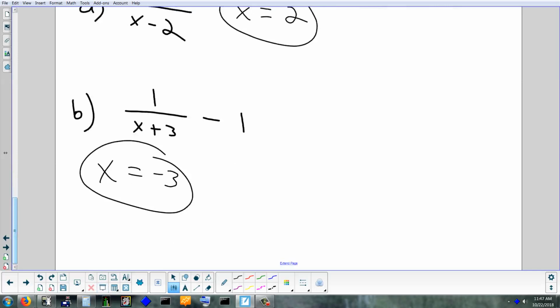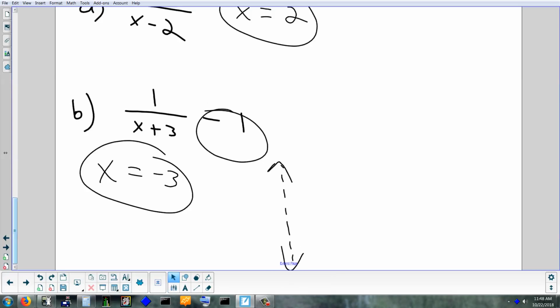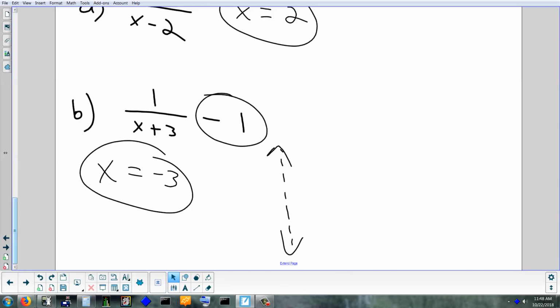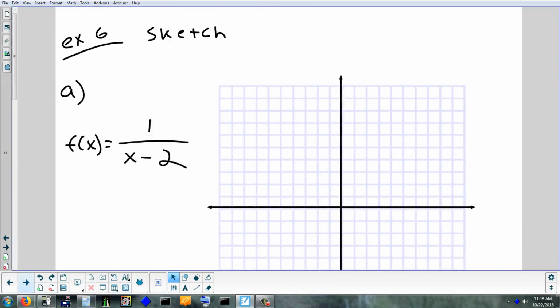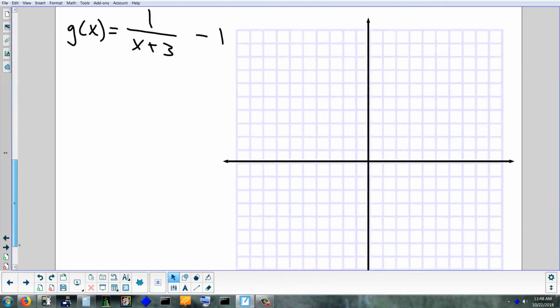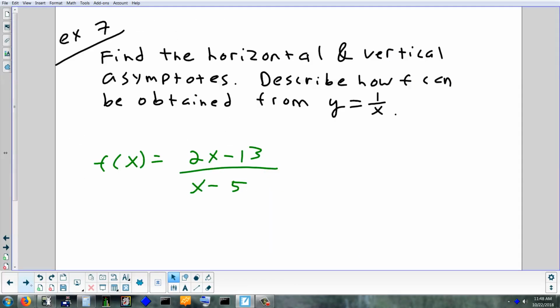That affects the horizontal. If you shift something down 1, which is what that's doing, think about a vertical line that goes up and down forever. If you shift something down one that goes up and down forever, it has no effect at all. So that's why shifting up and down does not affect vertical asymptotes. It would affect the horizontal. And then sketching, that's kind of the same idea. So I'm going to hold off on sketching.